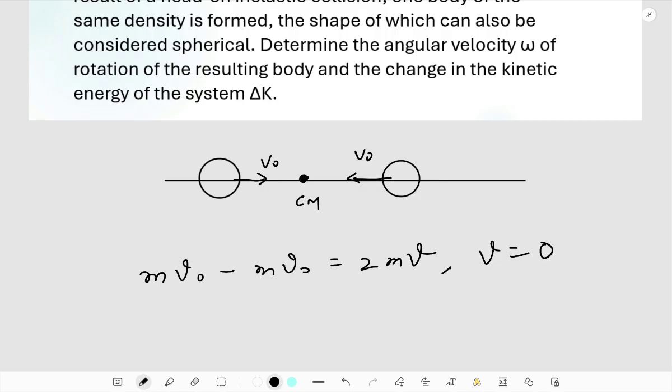Therefore, the motion of the resulting body is purely rotational. It has no translational velocity at all after the collision.